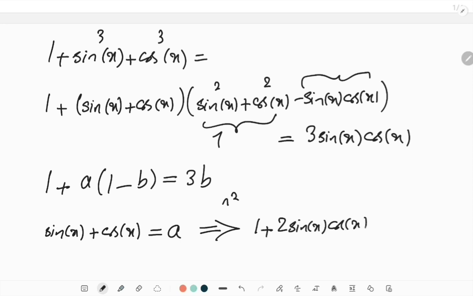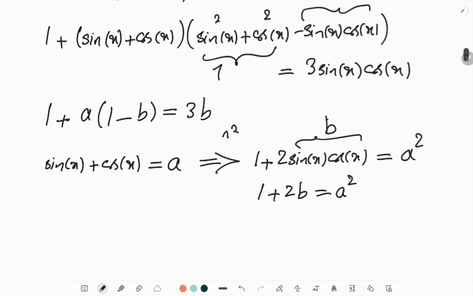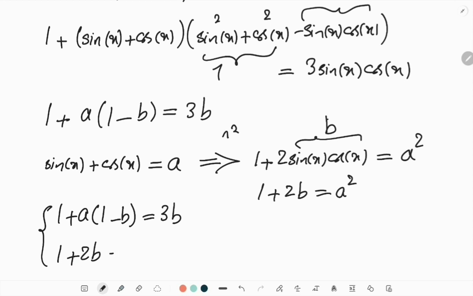This is equal to a², but that is nothing but b. In other words, I also have 1 + 2b = a². So in general, I have these two equations: (1 + a)(1 - b) = 3b, and 1 + 2b = a².